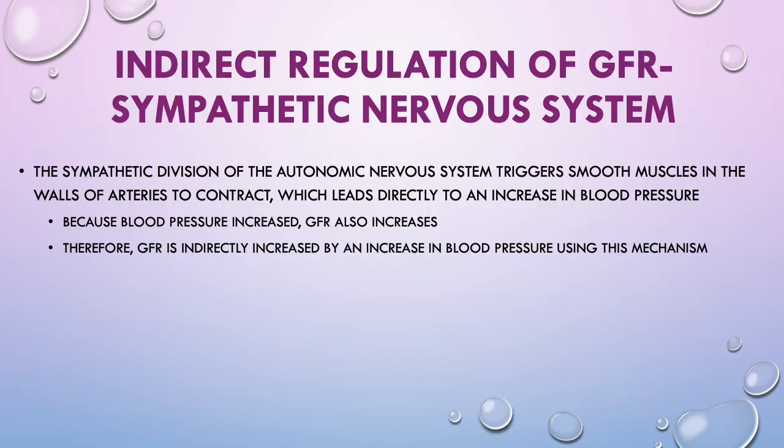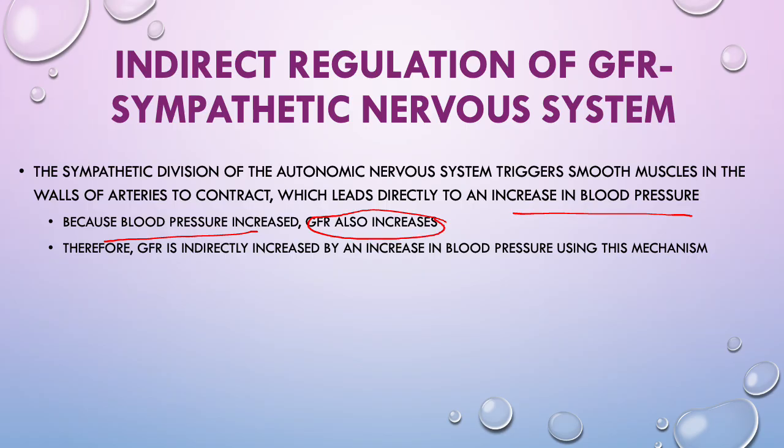Now let's talk about the indirect regulation of the GFR done by the nervous system. In this case, it's the sympathetic nervous system. When we think about this one, usually it's about the fight or flight response, okay? The sympathetic is a division of the autonomic nervous system that triggers the smooth muscle of the arteries to contract, which directly increases blood pressure. Because the blood pressure is increased, the GFR also increases.